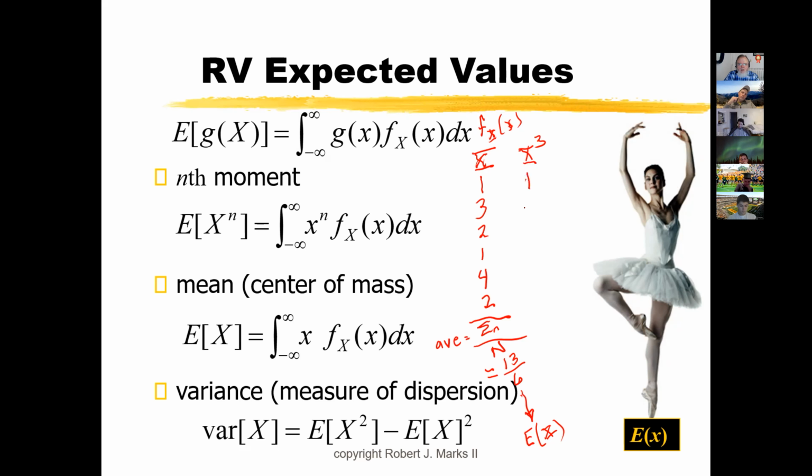X cubed would be 1, 27, 8, 1, 64, and 8, okay? So that would be x cubed. I would add those up, and I would divide by n, and that would be an approximation of the expected value of x cubed.